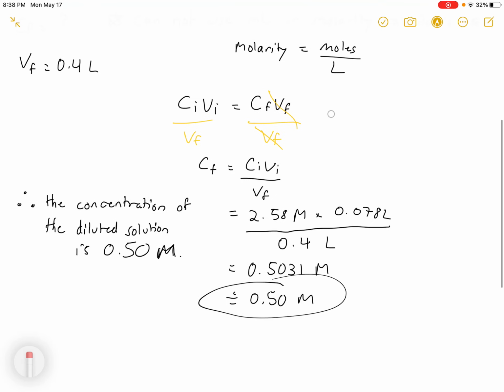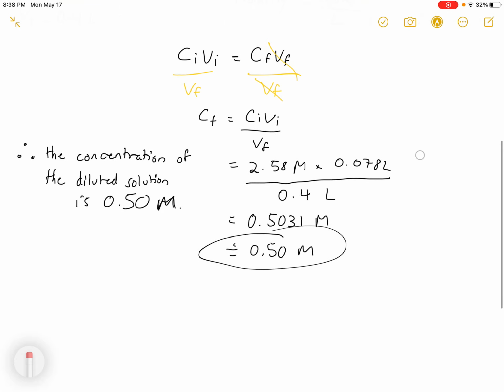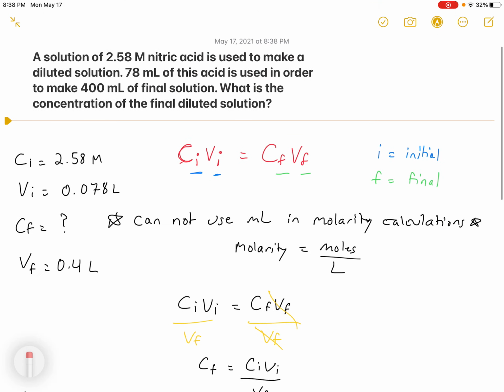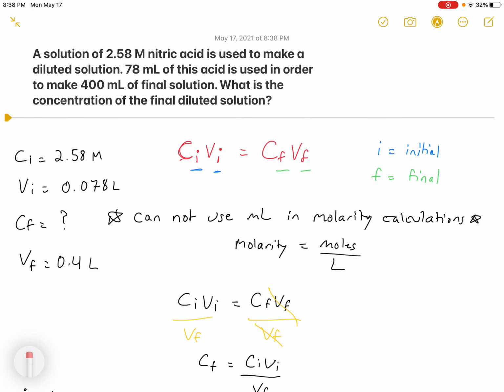Then we rearranged our relevant formula using algebra to isolate the variable that we wanted to solve for. Then we plugged in our data to result in our final answer of 0.50 molars. So that is how you would approach a dilution problem.